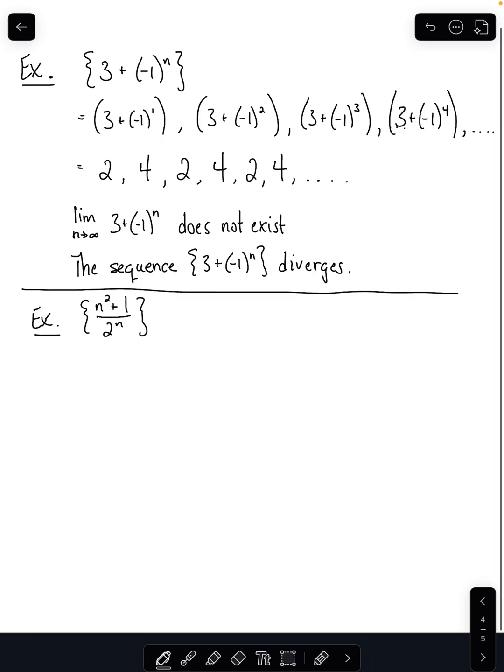And the terms of this sequence ended up being 1, and then 5/4, and then 5/4 again, and then 17/16, and then 13/16. Excuse me. And these are not so obvious. We would probably have to go to considerably more terms to be able to get a definitive feel for what this is doing.